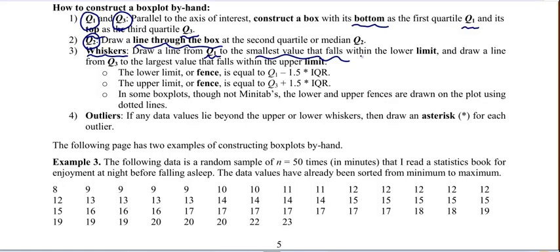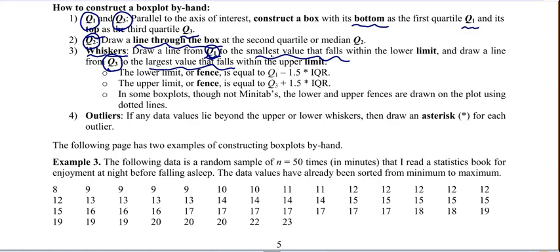We'll talk in a minute about how we find those limits, but right now I have a whisker that extends from Q1 down to the last data value that's within a reasonable distance from Q1. In the same way, we have an upper whisker. We start at Q3 and draw a line to the largest data value that falls within the upper limit.